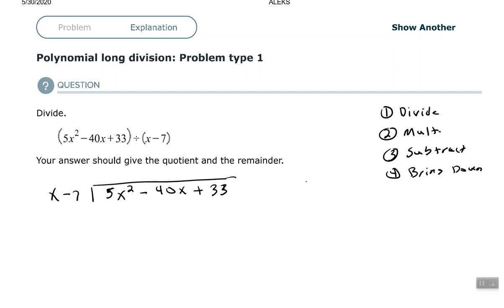So the first step is to divide. You want to divide the first term on the inside by the first term on the outside. In your division step, you will always be dividing by that first term on the outside, but in the multiplication step, you will multiply by the entire x minus 7.